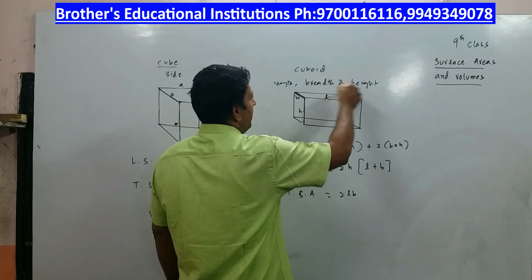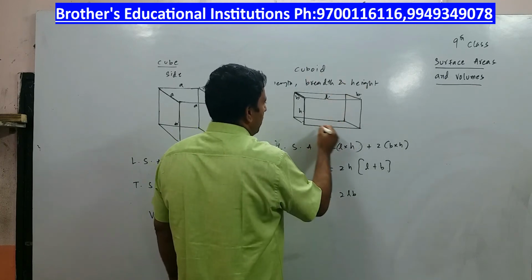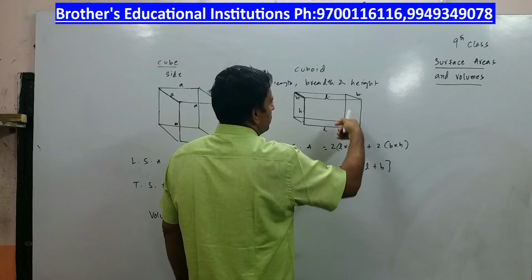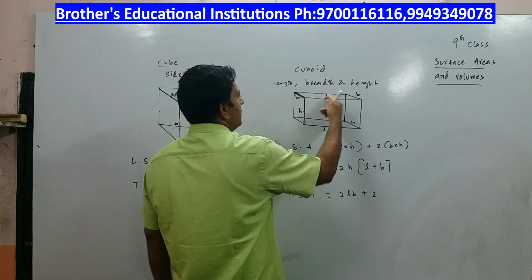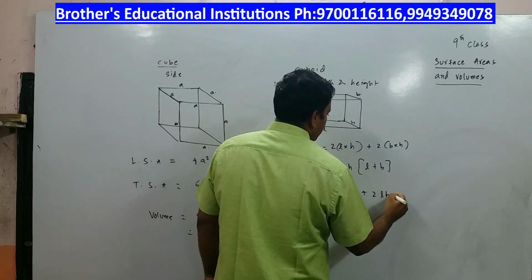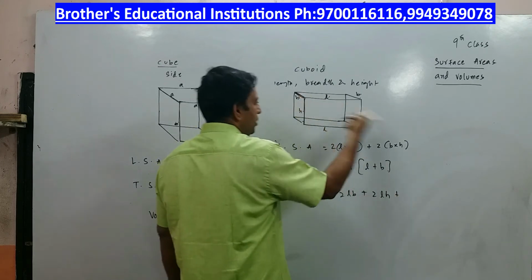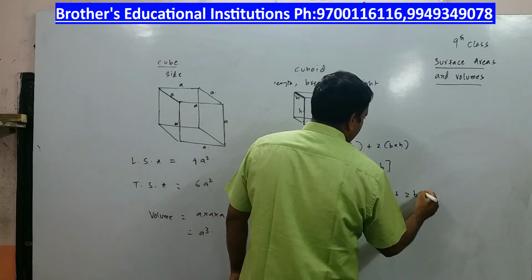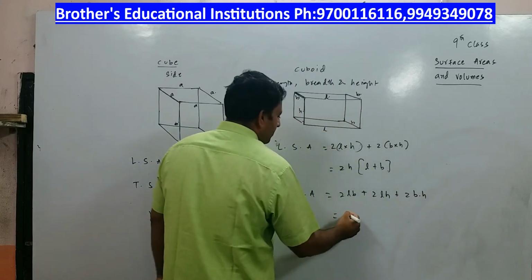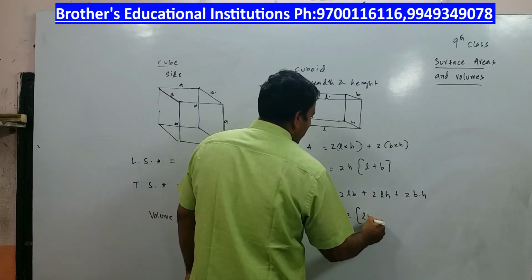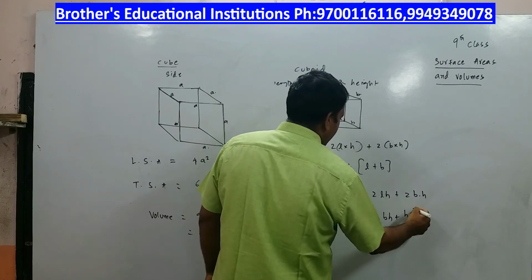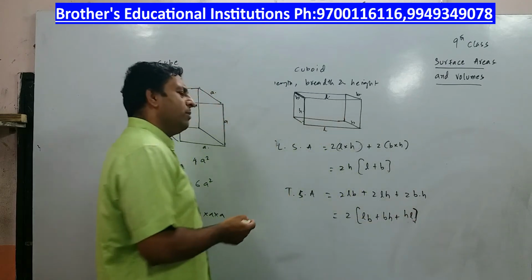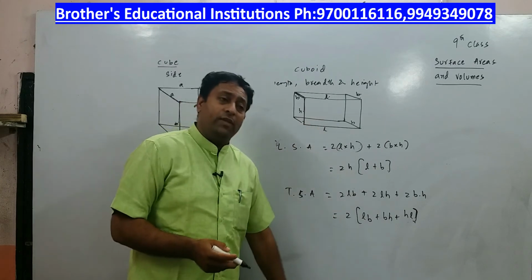L into B, top, bottom also L into B. So LB plus LB is 2 times LB, plus 2 times L into H, plus 2 times B into H, 2 sides. And if you take common 2, you will get 2 into (LB plus BH plus HL). Alright, so this one I am writing here. This is the formula to calculate the total surface area of the cuboid.